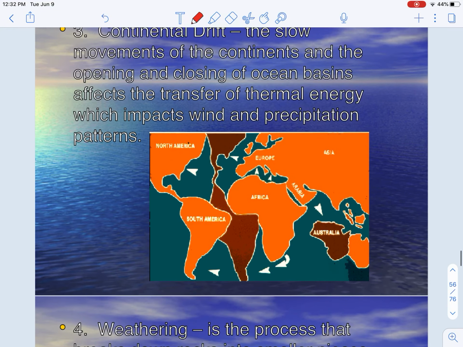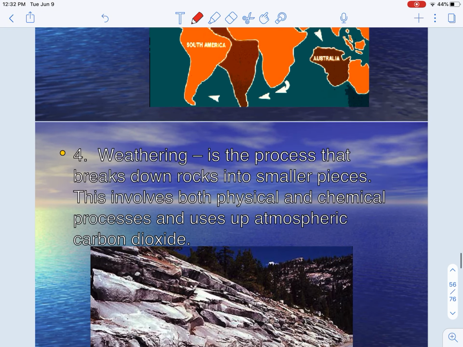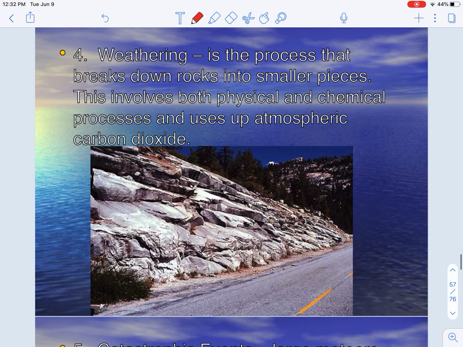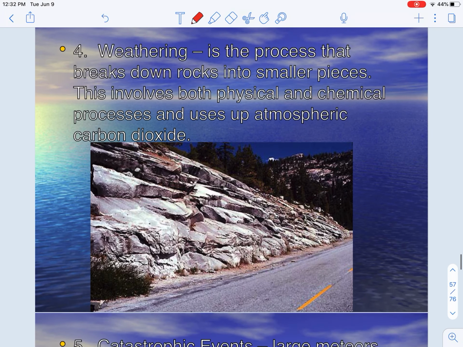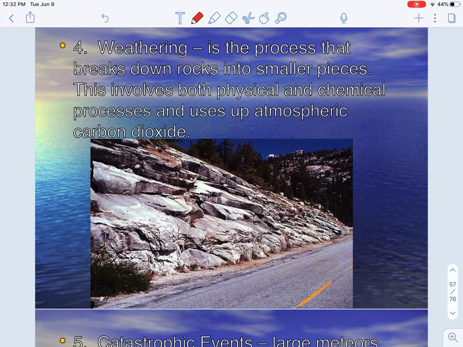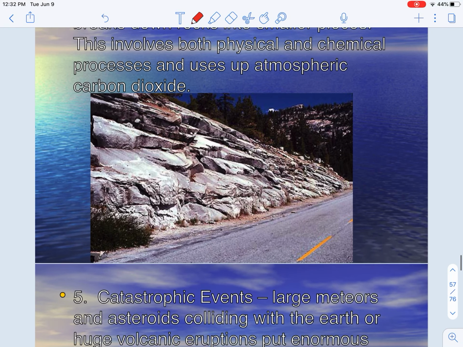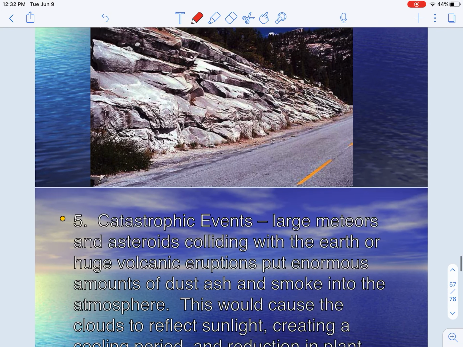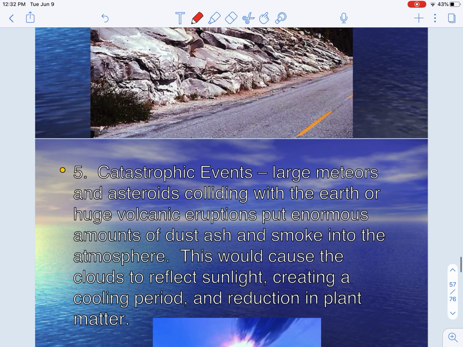Continental drift over time, the theory says that the Earth has these plates that are moving together in some places, moving further apart in some places, so that could affect climate as those move. Weathering involves physical and chemical processes as the Earth's surface is getting broken down.